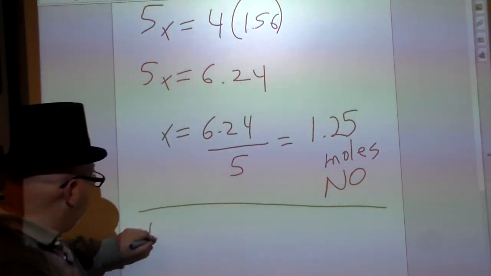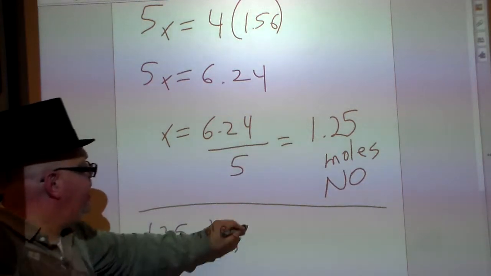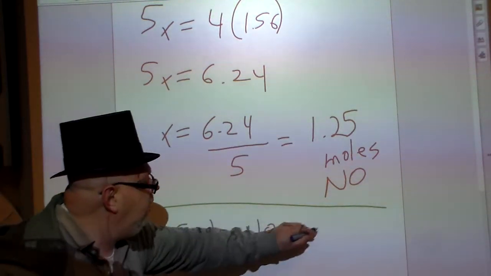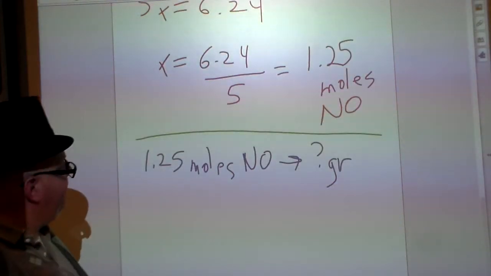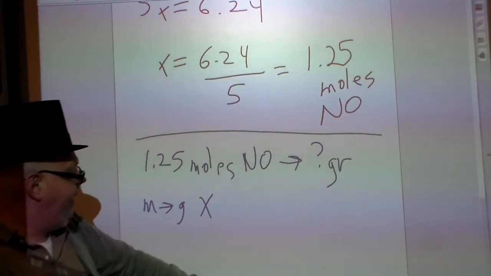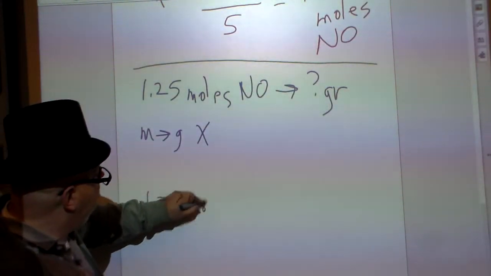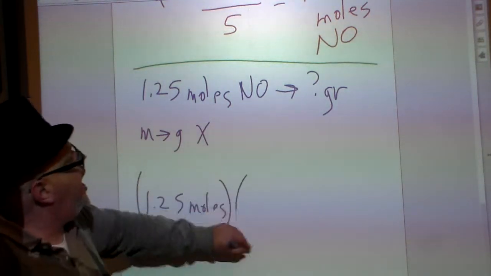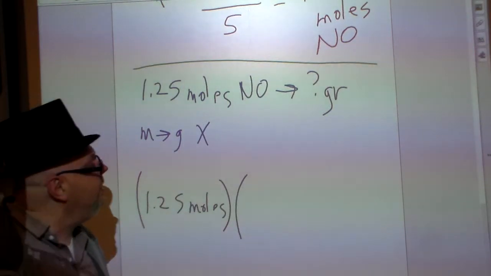Okay? So we have 1.25 moles of NO, and we got to figure out how many grams there are, and I've got to wrap this up very rapidly. So if I'm going from moles to grams, I have to multiply. Okay, so it's going to be 1.25 moles multiplied by, how many grams are there in a mole of NO? Well, let's see.